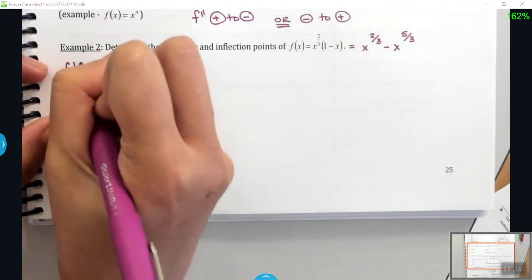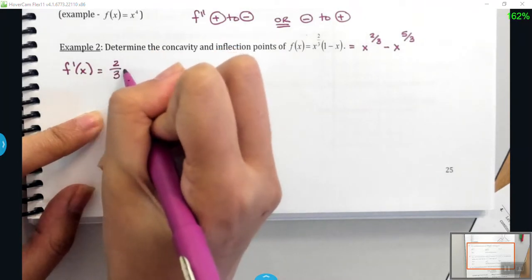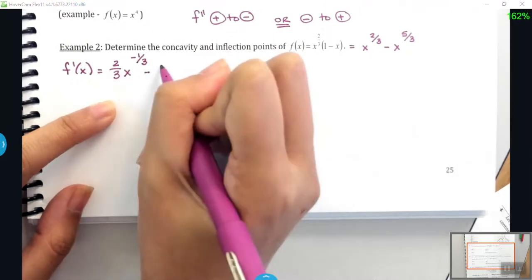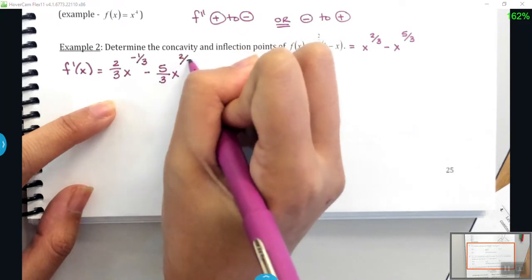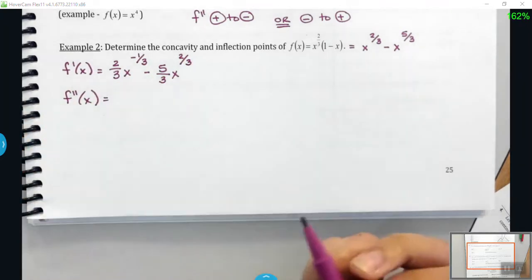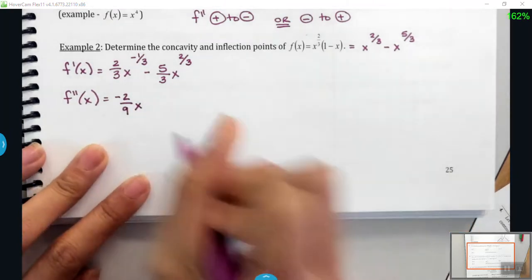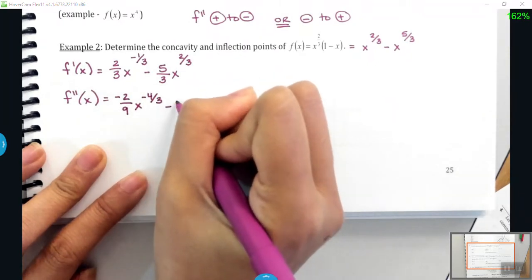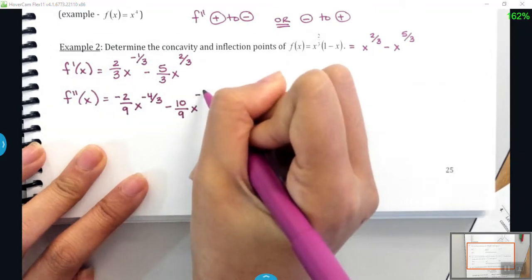F prime is 2/3 x to the negative 1/3 minus 5/3 x to the 2/3. F double prime is negative 2/9 x to the negative 4/3 minus 10/9 x to the negative 1/3.